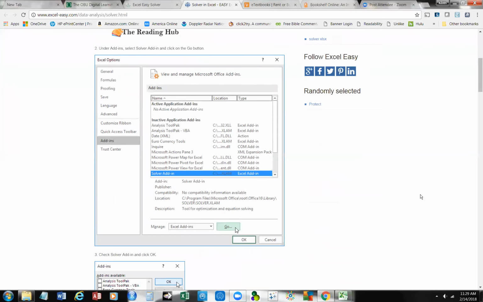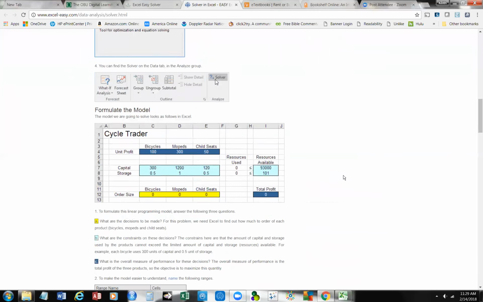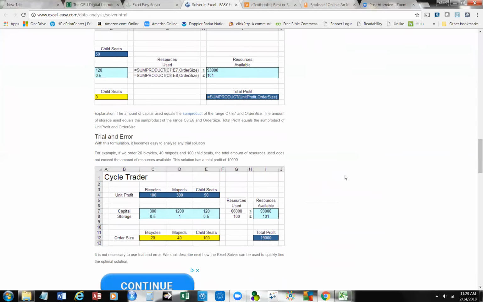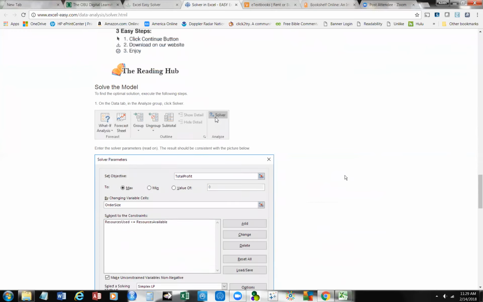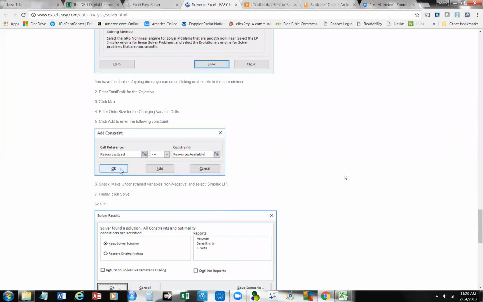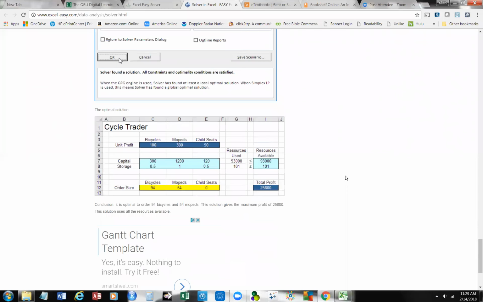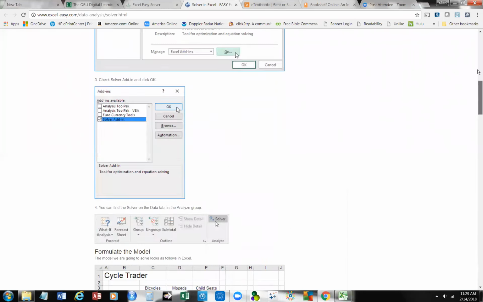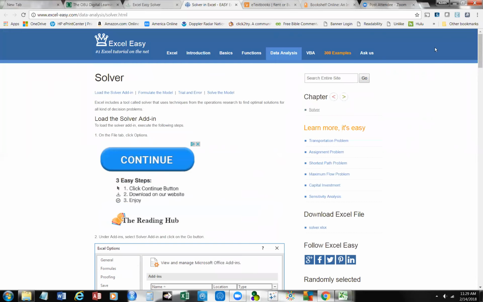And they show you how to add it in, give you an example, and show you the dialog box, adding constraints, all that business. And then you'll want to also look at interpreting it, and what they're talking about.